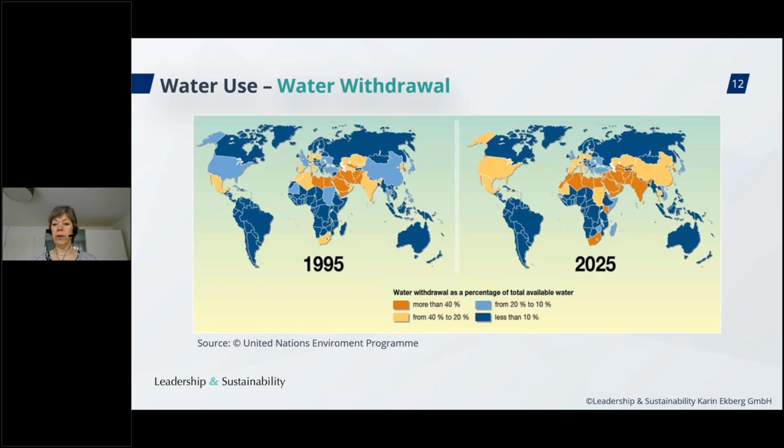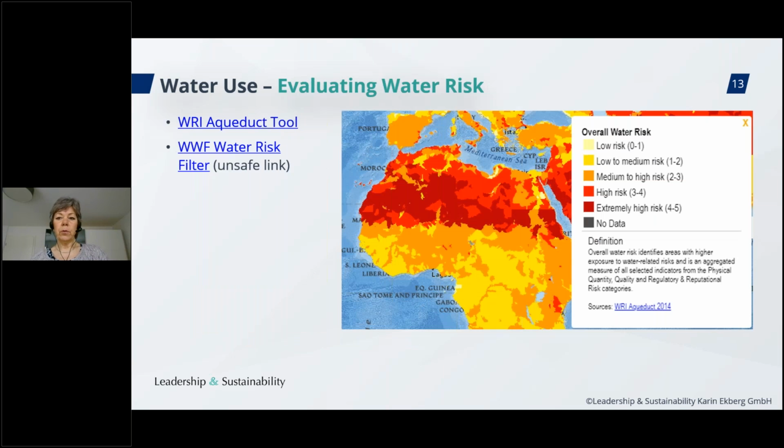And we have actually many countries that are dark brown already, and quite a few countries that have a light brown color. And therefore, one of the first questions, this is one applicability question in the water section, is to evaluate your water risks.